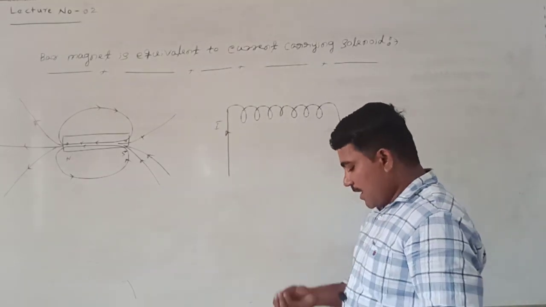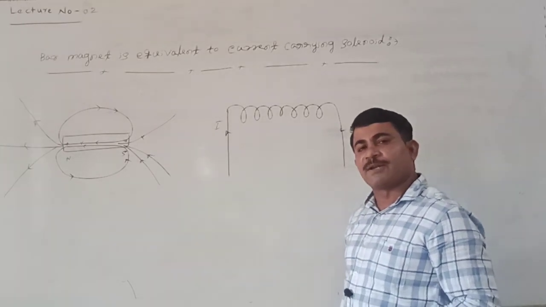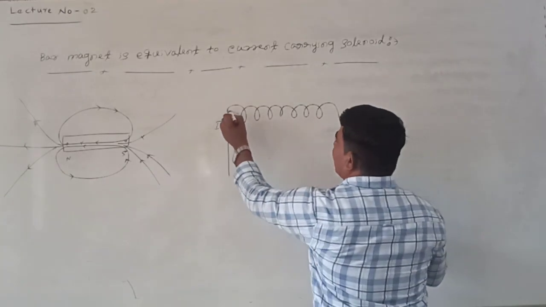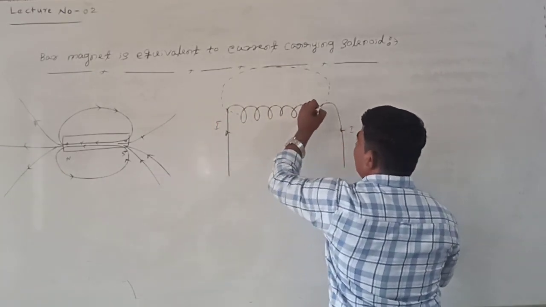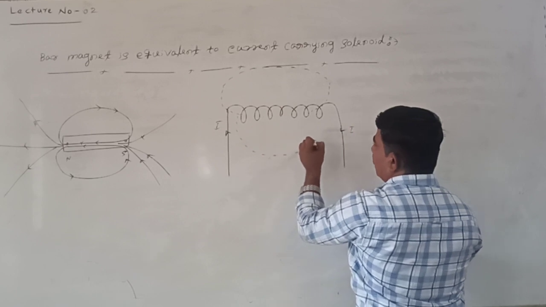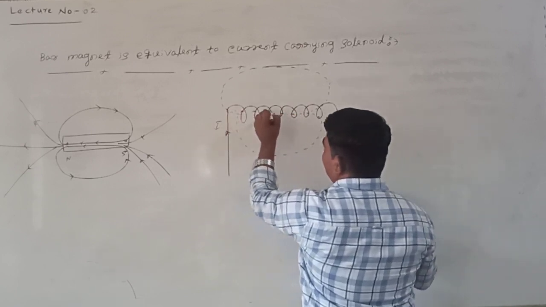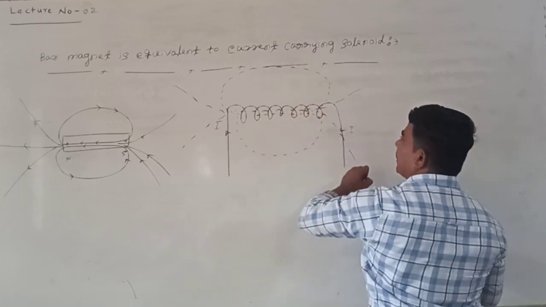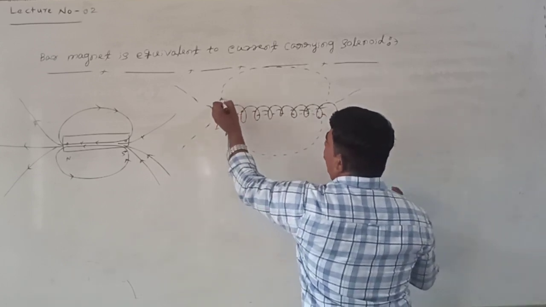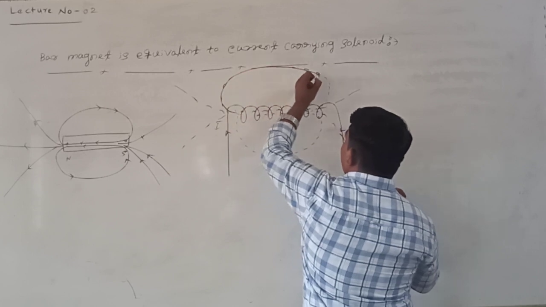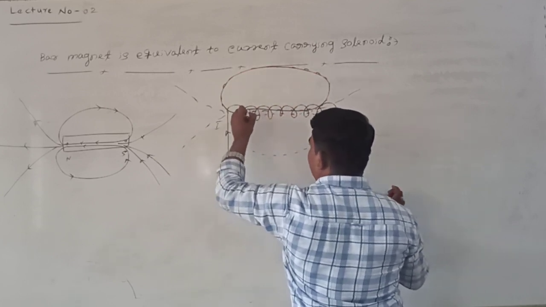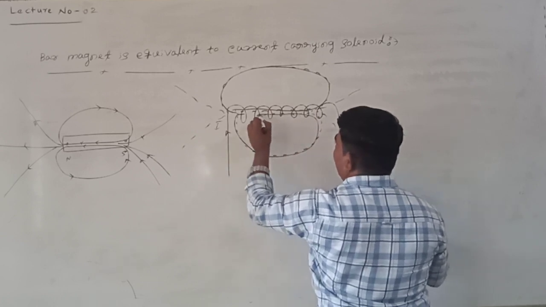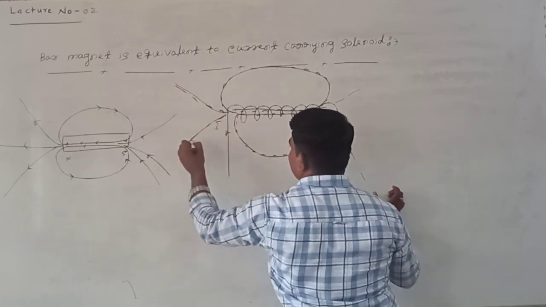If I take very small pieces of iron and spread them around the given current carrying solenoid, they will arrange in this pattern. So if we join all the imaginary lines of the iron filings around the current carrying solenoid, that is equal to the magnetic field of the bar magnet. Like this.